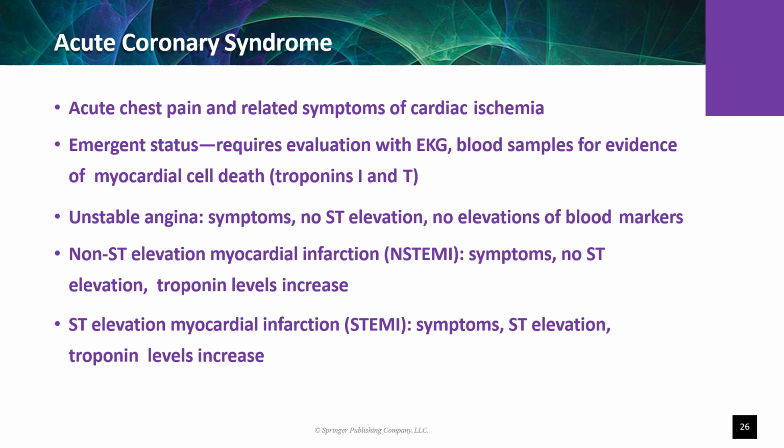Complete obstruction of a coronary vessel may produce the NSTEMI, or it may rapidly destroy a greater volume of cardiac tissue, resulting in myocardial necrosis and full thickness cardiac wall damage. This will present as an ST elevation myocardial infarction, or a STEMI.